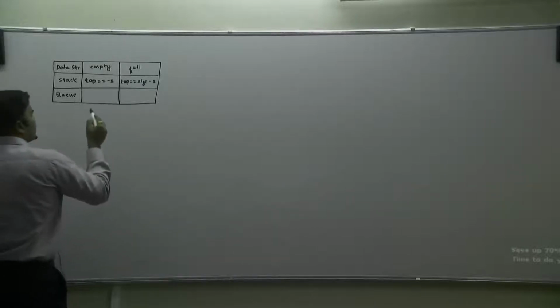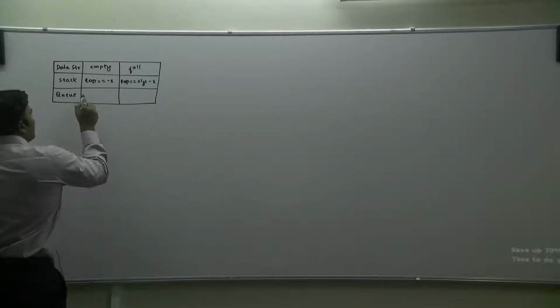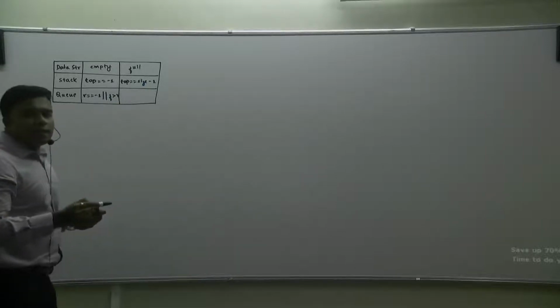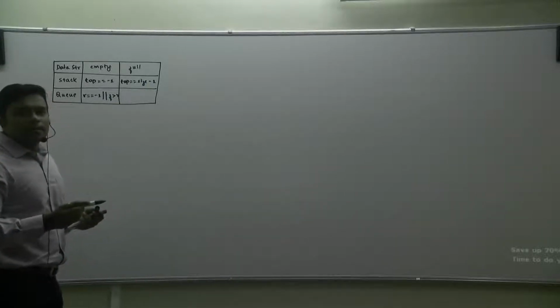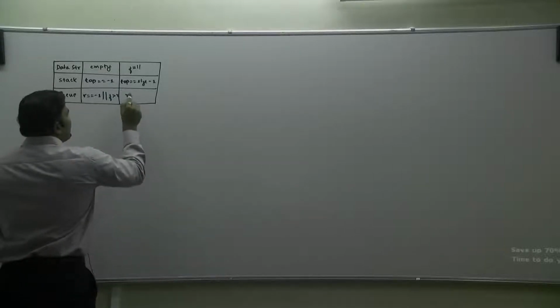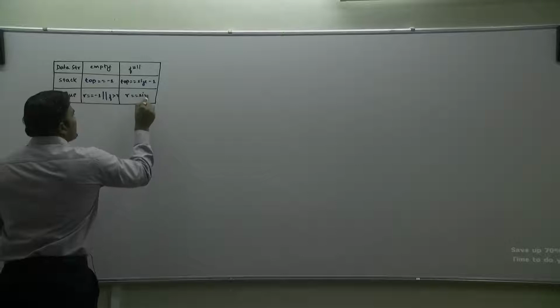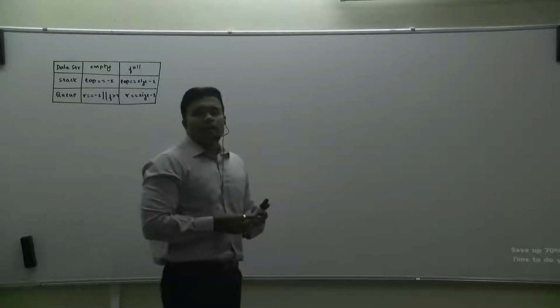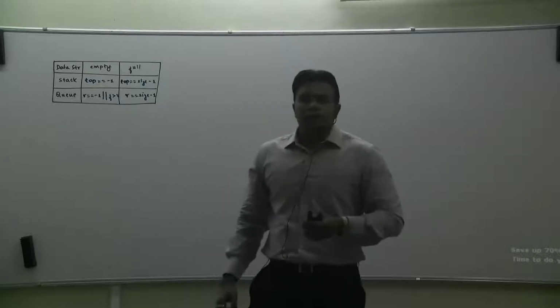Similarly for a queue also, when rear equal to -1 or if front is greater than rear, that is when I say the queue is empty. When is the queue considered to be full? When rear is equal to size -1, the queue is considered to be full. This is what you have learnt.